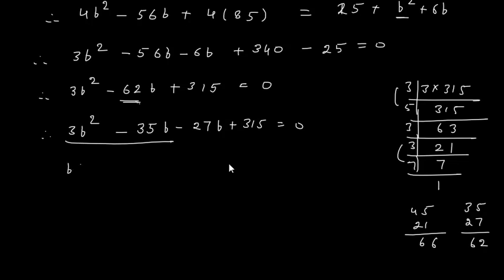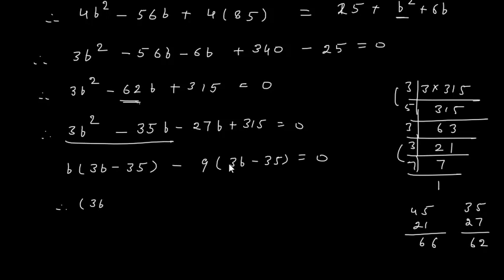From the first two terms I will take b common, so it becomes b into (3b minus 35), and from the last two I will take minus 9 common, so it becomes minus 9 into (3b minus 35) equals 0.